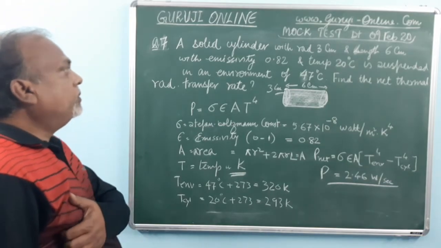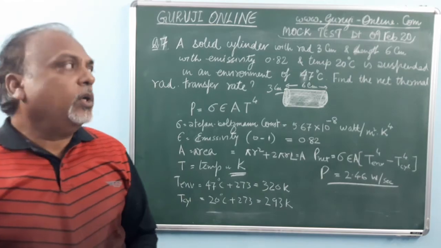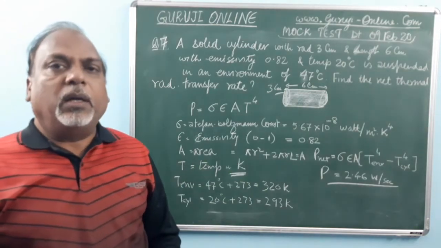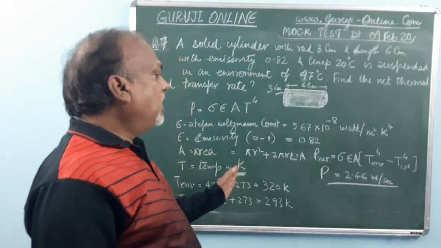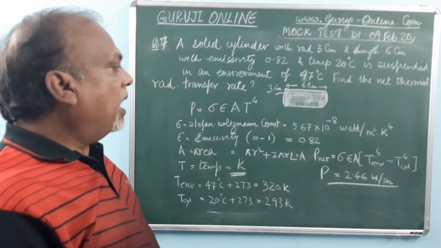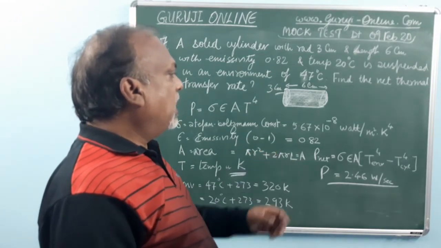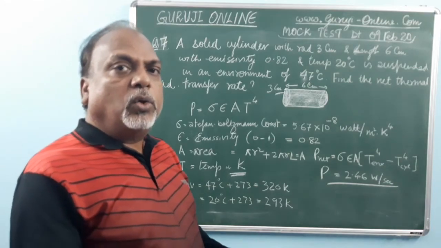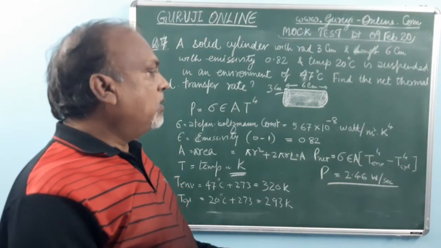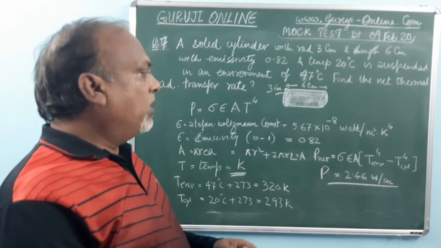So now we'll go to the next problem. You must remember this formula, because sometimes they may ask a question like this, that this radiation transfer rate is proportional to temperature to what order? Means it is T square or T cube or T4, like that.